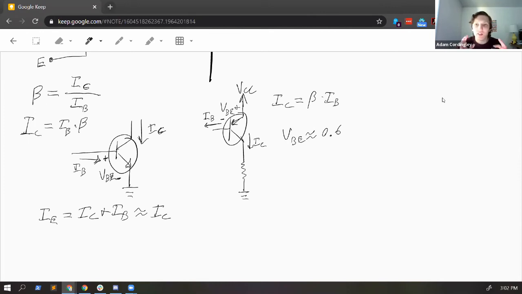If you want to know the exact forward voltage of the PN junction, you've got to use the Shockley diode equation. But often you don't have enough information, or you don't care enough to use the Shockley diode equation. This is a good enough approximation.